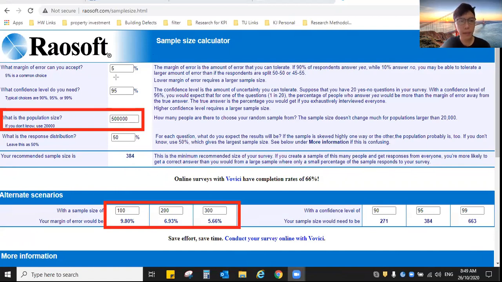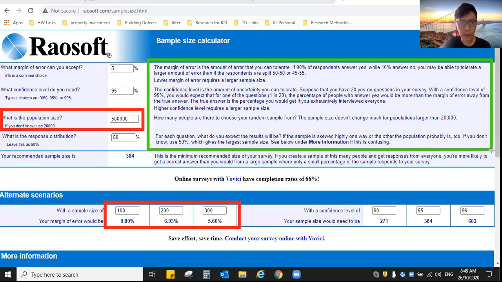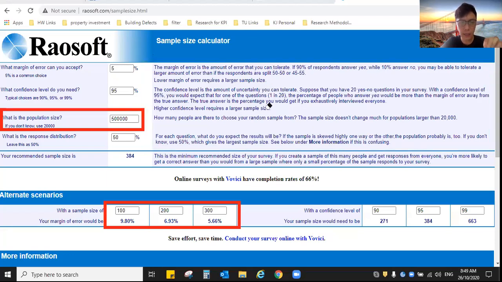We keep the margin of error, and we keep the confidence level at 95%. You read here: what is margin of error, what is confidence level, what is response distribution. I don't want to go into so much detail so that you don't get confused.